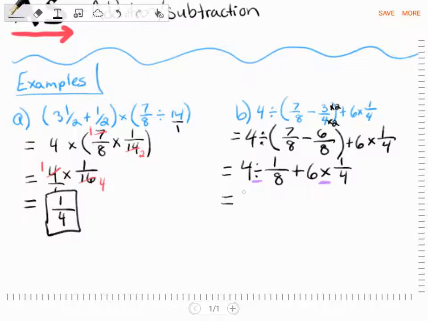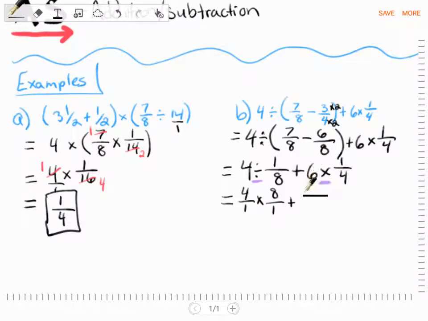So what I'm going to do is rewrite 4 as 4 over 1. In this division problem, remember when we do division, we say multiplied by the reciprocal. So the reciprocal of 1/8 is 8 over 1. And I'm going to continue to just write out the rest of this. I know I now have to do 6 times 1/4.